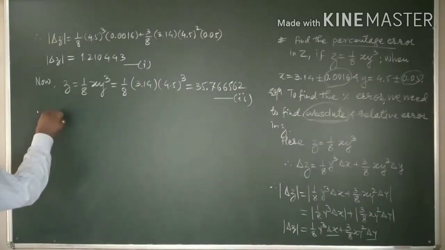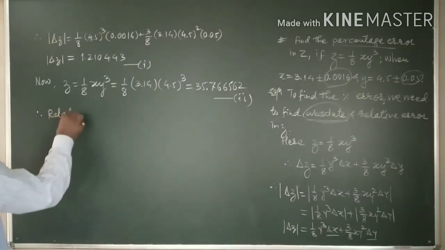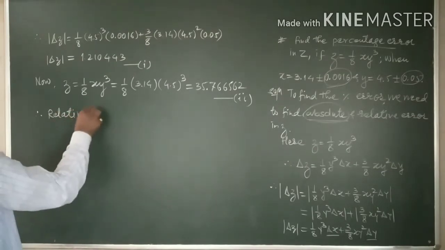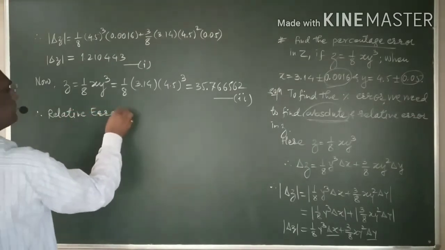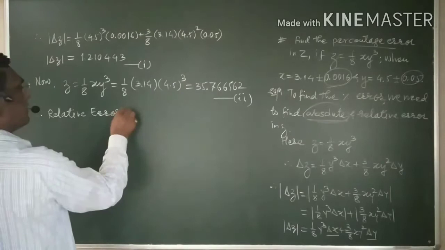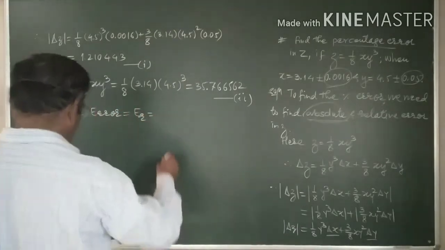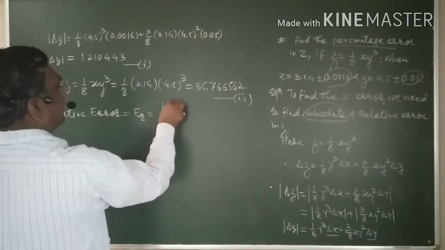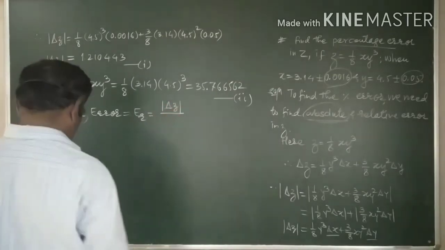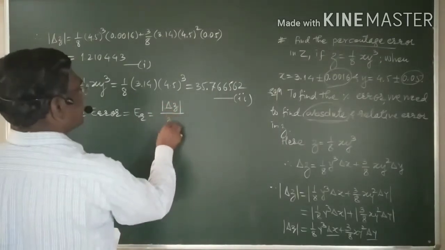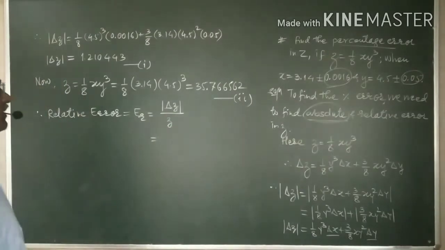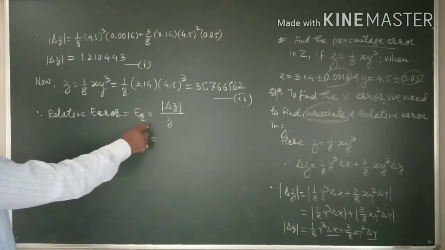Therefore, here, what we have? Relative error, yes, is equal to ER, which is equal to del Z over Z. What is the value of del Z? From 1 and 2 you can obtain the value of ER.